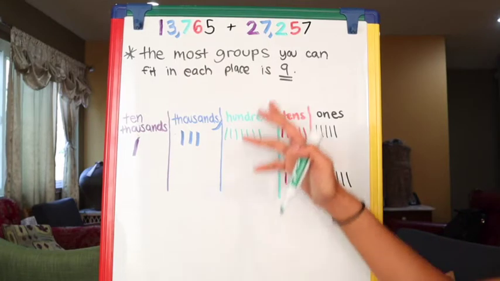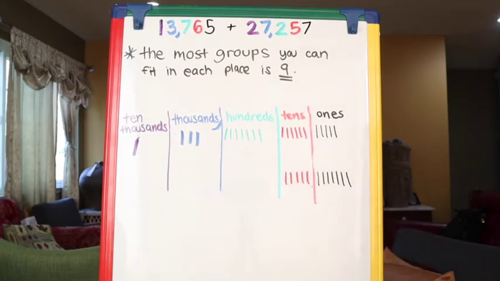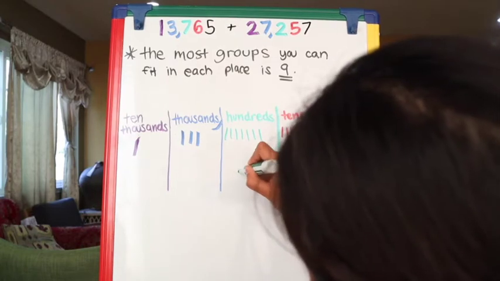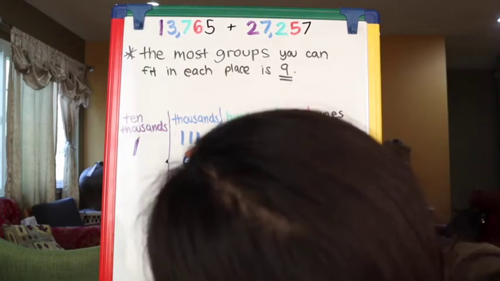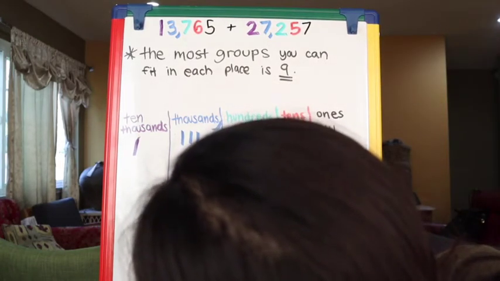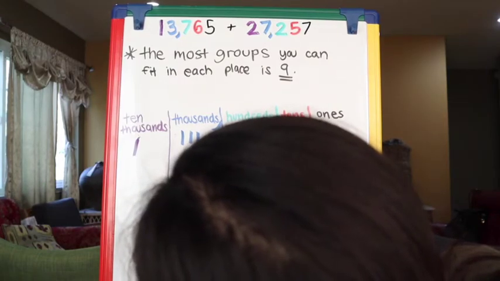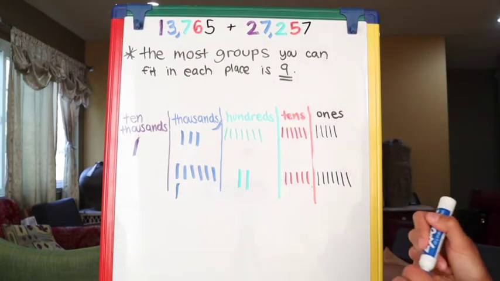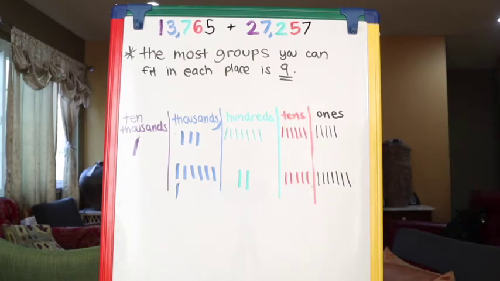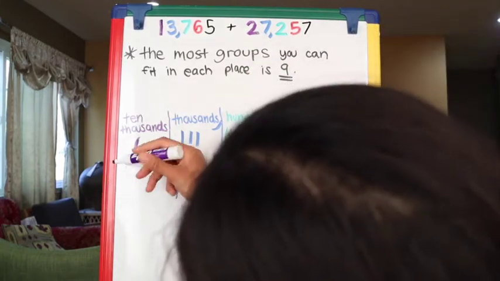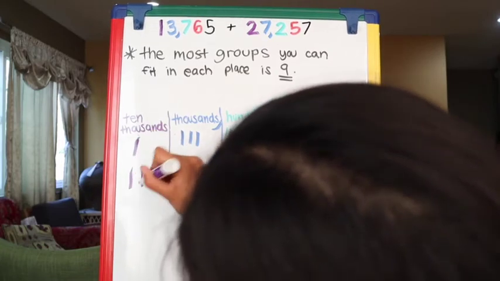In the hundreds, we have 2. 1, 2. And in the thousands, we have 7. 1, 2, 3, 4, 5, 6, 7. And last but not least, our 10,000s place, we have 2. 1, 2.